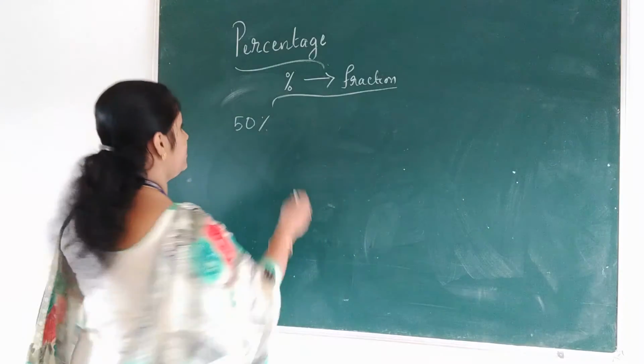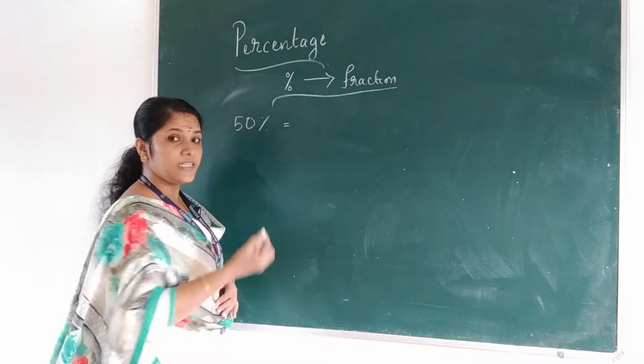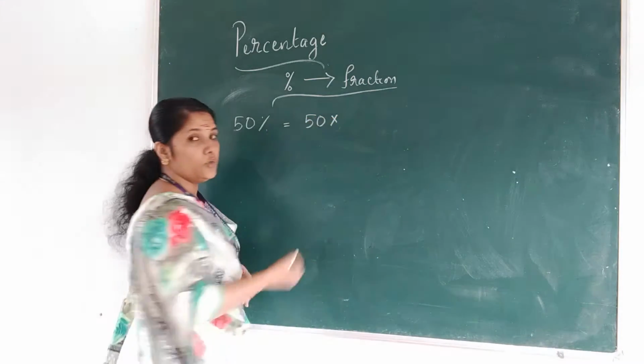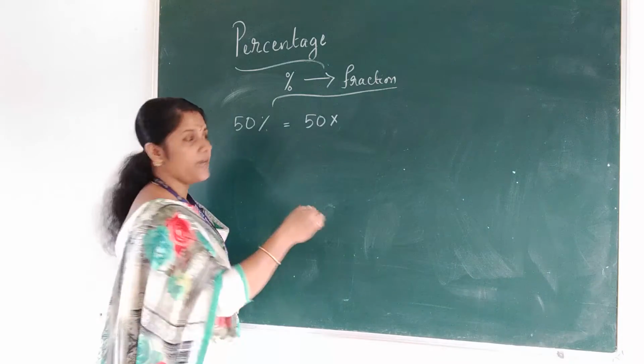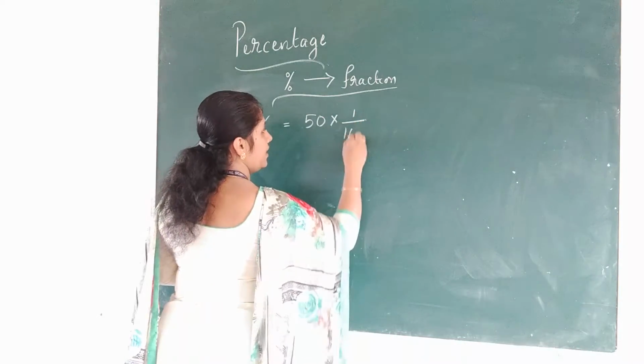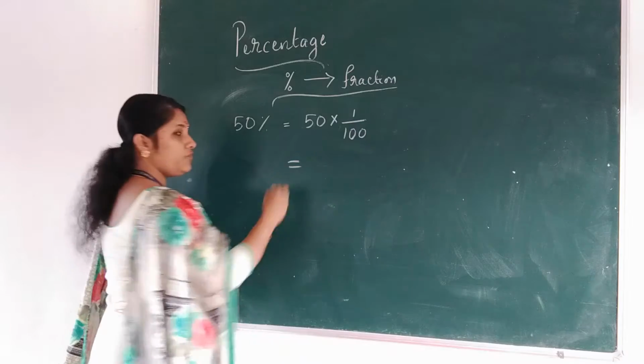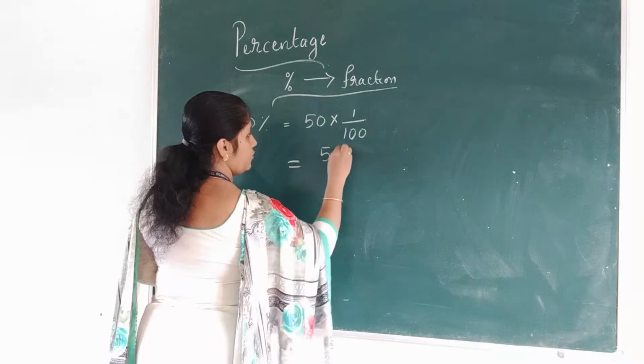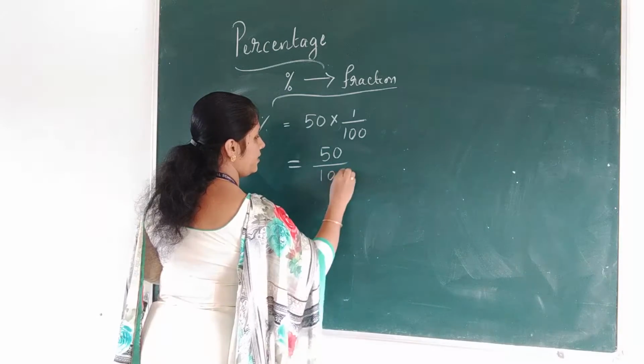Let's do it. 50% is equal to 50 into 1 by 100, which means it is 50 by 100.